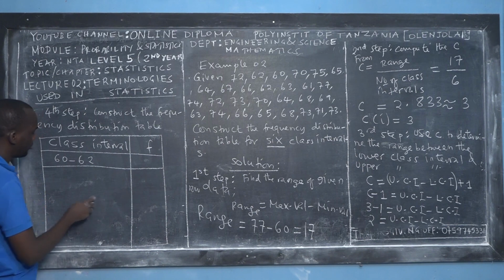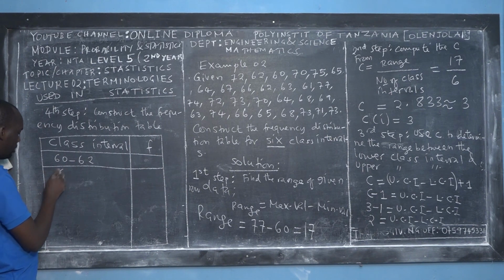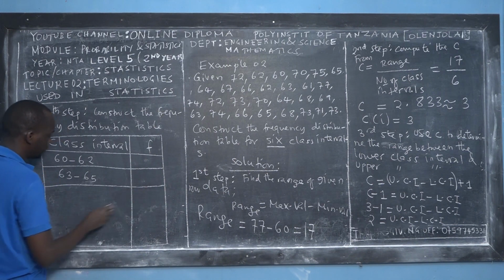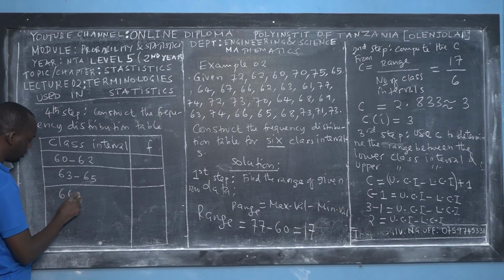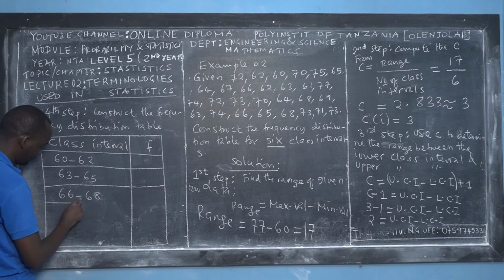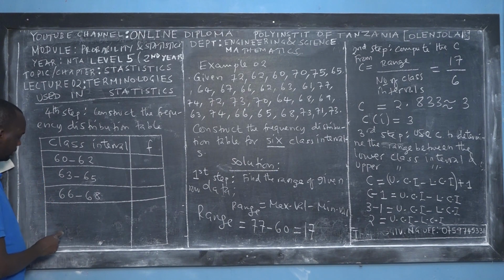So you count how many numbers exist within this range. 63 to 65, and then you have 66 to 68, and then 69 to 71.